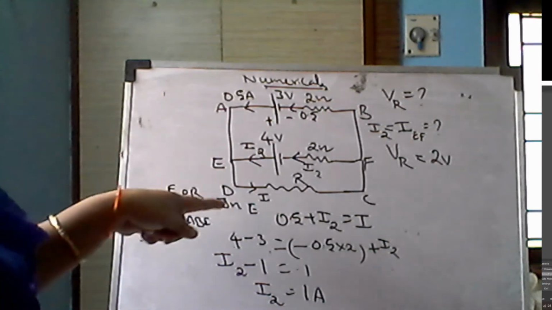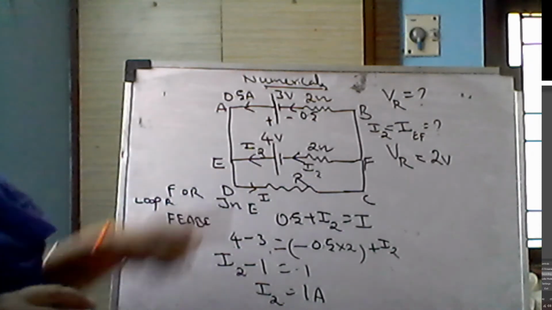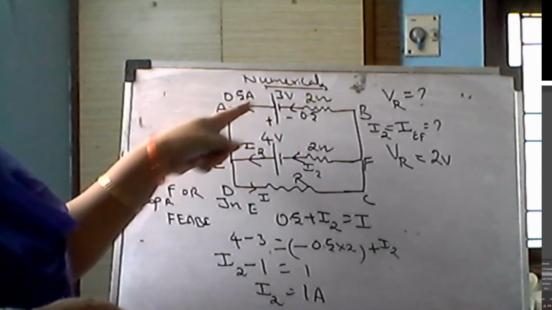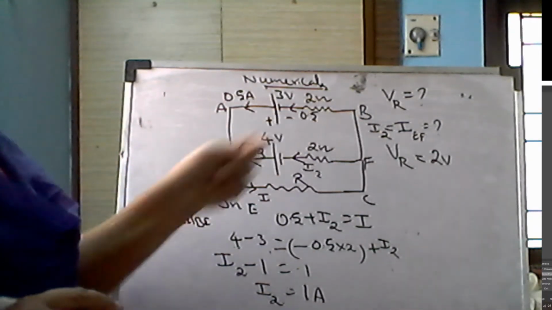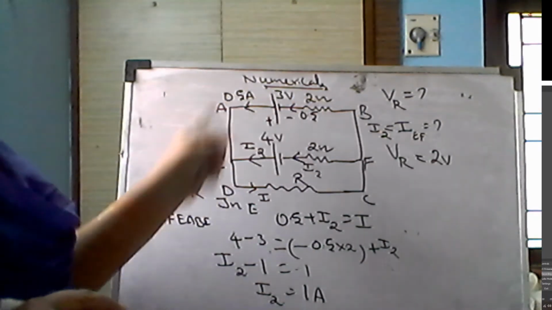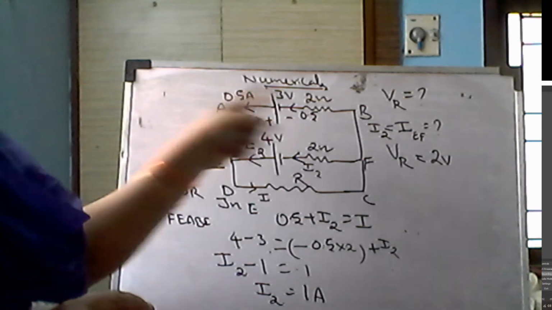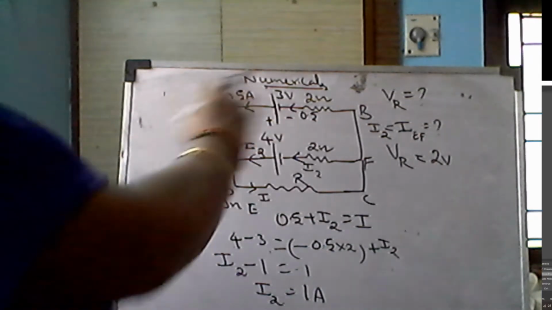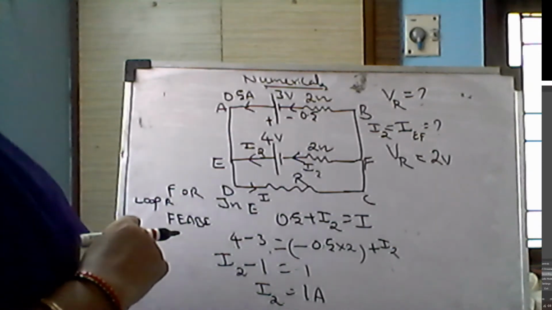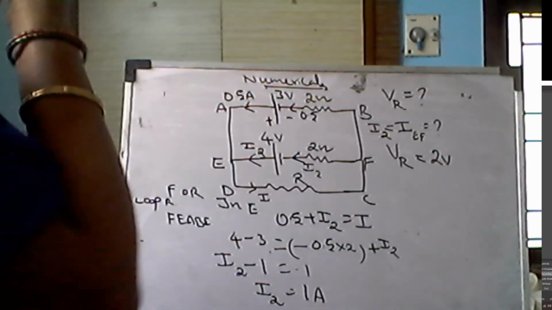I1 and I2 are coming and total I is coming like that. Based on the mesh rule you are finding VB minus VA, or VA minus VB.